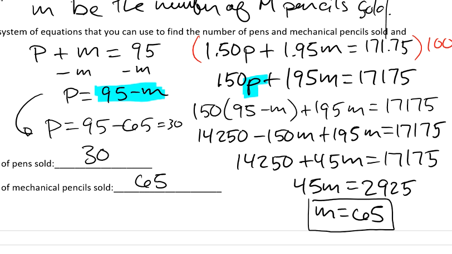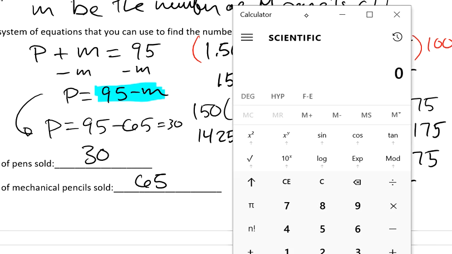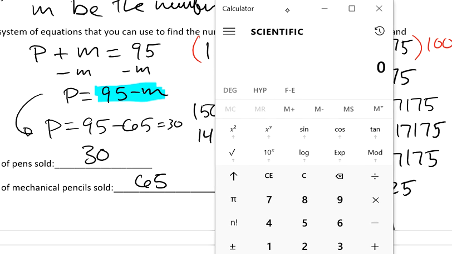And I can see that those two values do add up to 95. Right? The thing I probably should do is grab a calculator real quickly and just verify that $1.50 times that P plus $1.95 times the M is indeed $171.75. So you can use whatever calculator you have. I'm going to just go ahead and use this one.